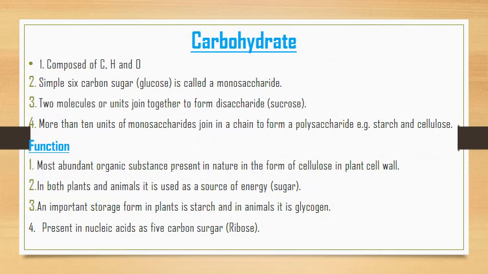Function of carbohydrate: it is the most abundant organic substance present in nature in the form of cellulose in the plant cell wall. In both plants and animals, it is used as a source of energy. An important storage form in plants is starch and in animals it is glycogen. It is present in nucleic acid as a five carbon sugar. This is ribose.